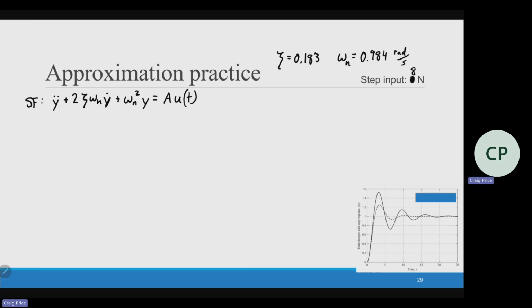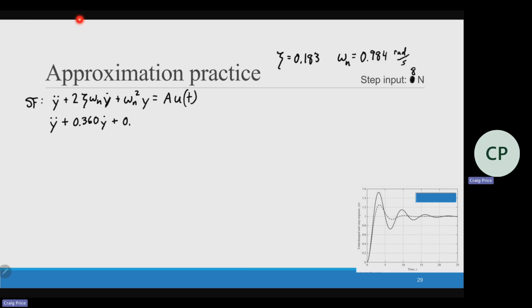Now, we can just plug these values in. So y double dot stays the same. I can get my little calculator out. 2 times 0.183 times 0.984. That gives us this value of 0.360 y dot plus, what is 0.984 squared?